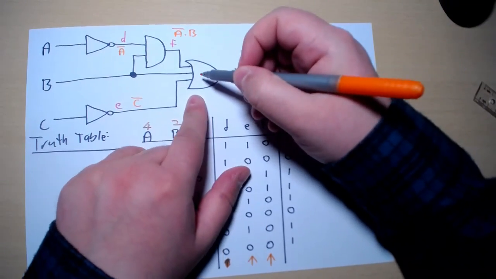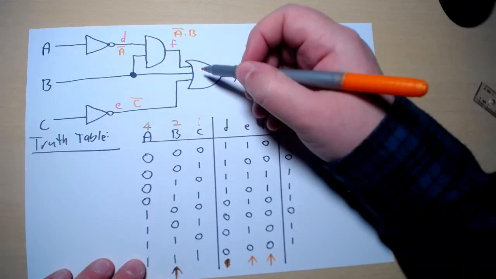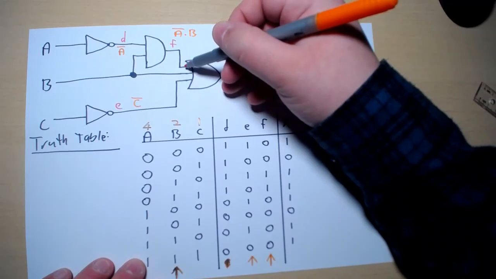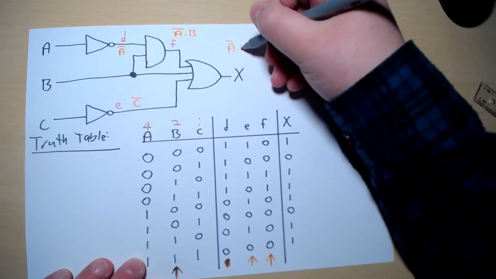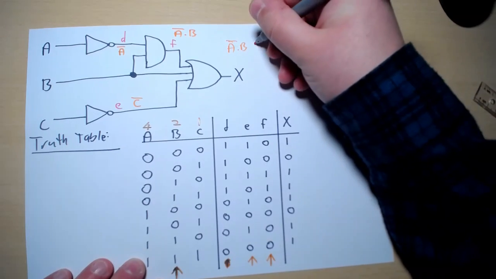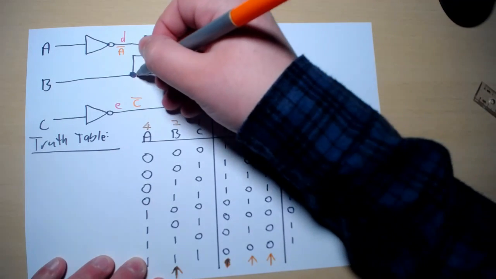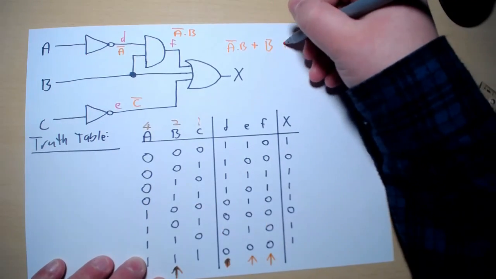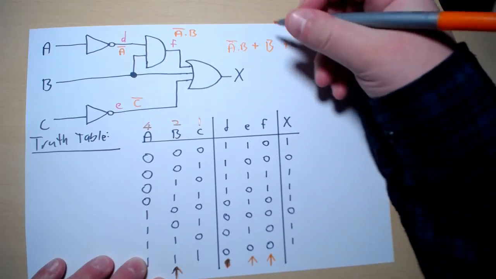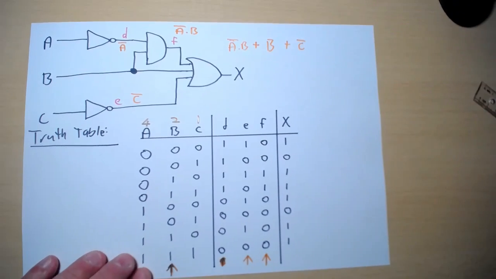And here we have this OR gate, and this OR gate is basically the OR of A NOT and B, or this input here, which is B, or this other input, which is C NOT.